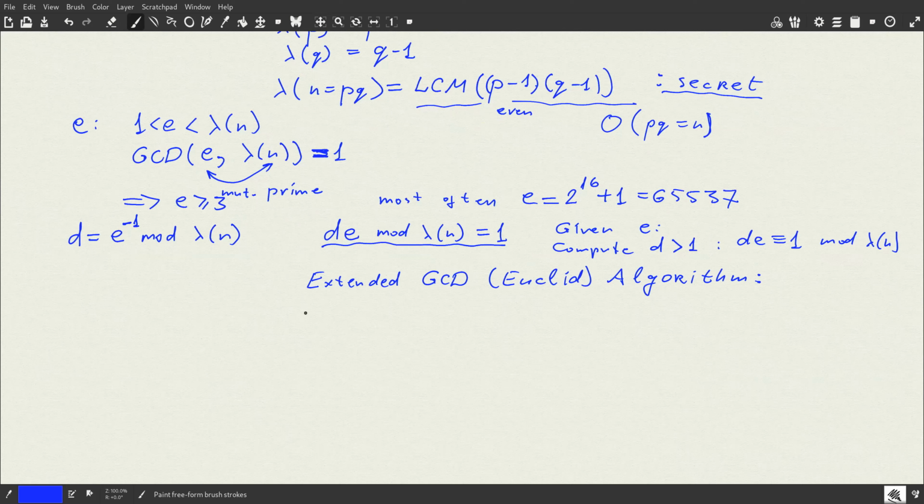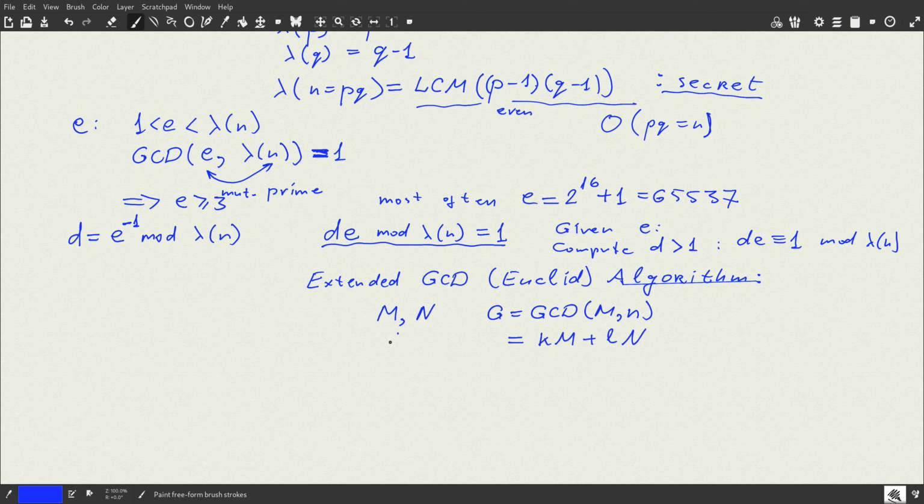what happens is that in general, if we have two numbers, let's say m and n, and let's say G is the GCD of m and n, then this GCD can be represented as a linear combination of m and n: km plus ln.